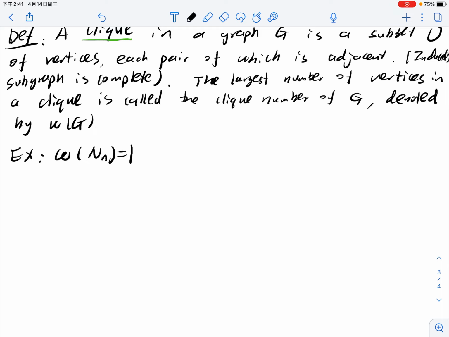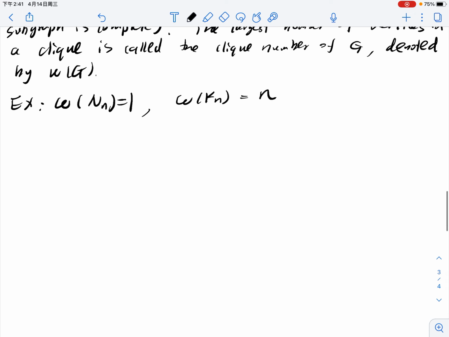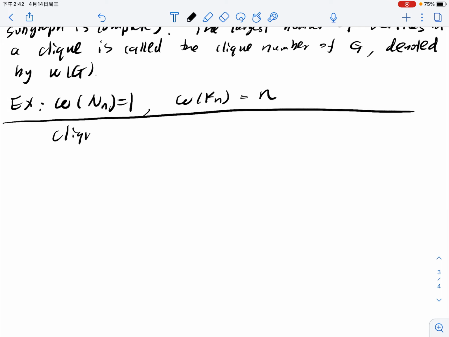For instance, for the null graph, omega is 1. For the complete graph K_n, it's n. And as we said, clique is a complementary notion of independent set.